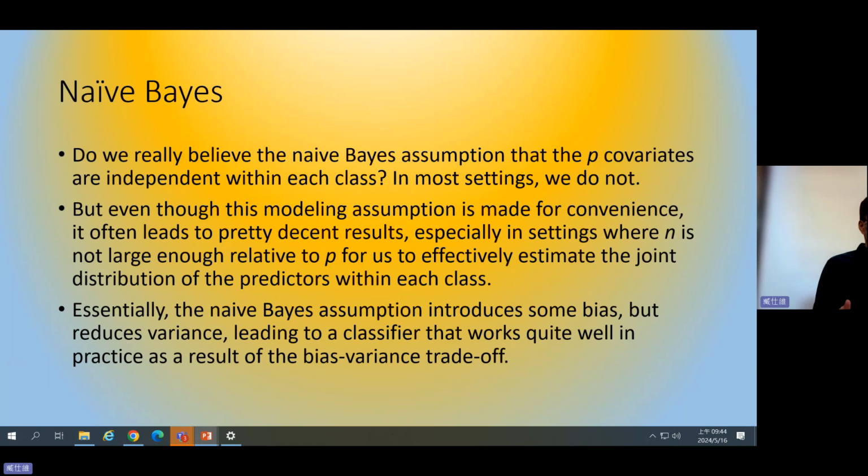If they are independent, then we have a good reason to apply naive Bayes to the data. Just like the slide shows, the naive Bayes assumption introduces some bias, but it reduces variance, leading to a classifier that works quite well in practice as a result of the bias-variance trade-off.